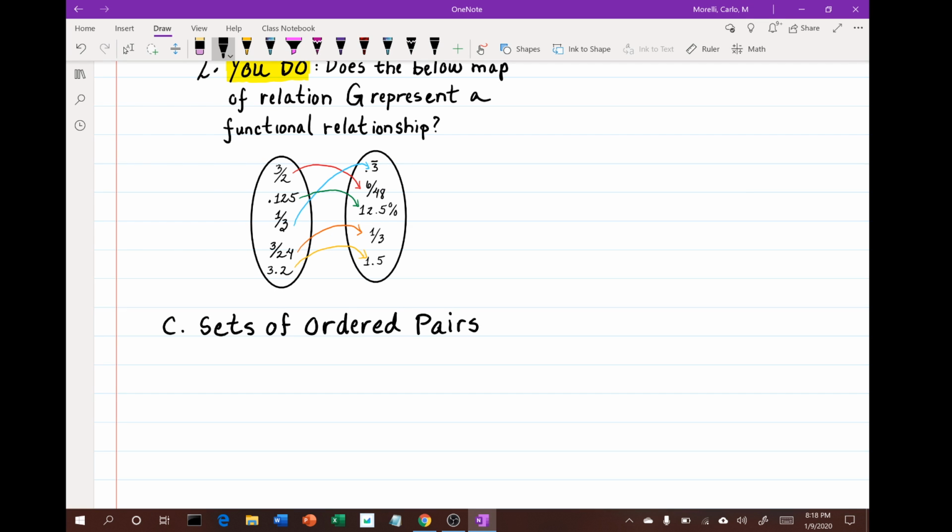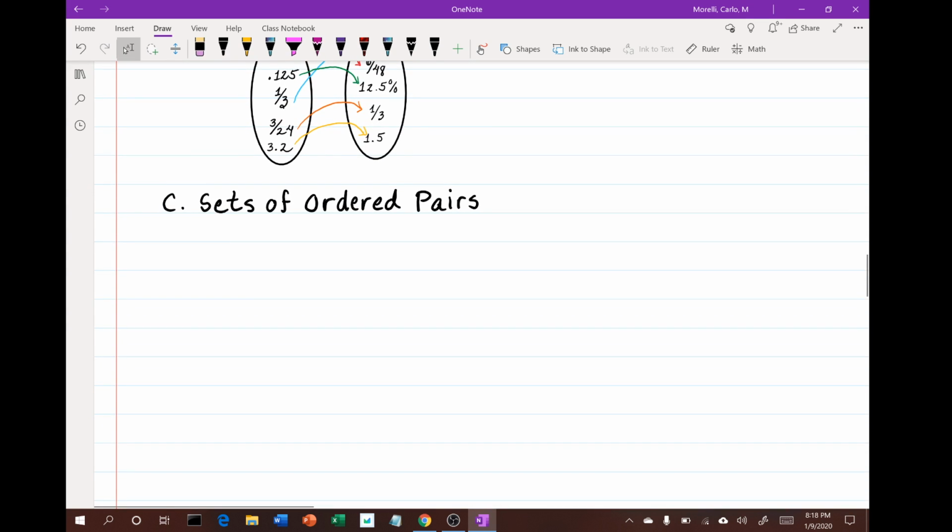Sets of ordered pairs. Okay. There's really not anything to say here except examples. I mean, okay, I'll just say this.